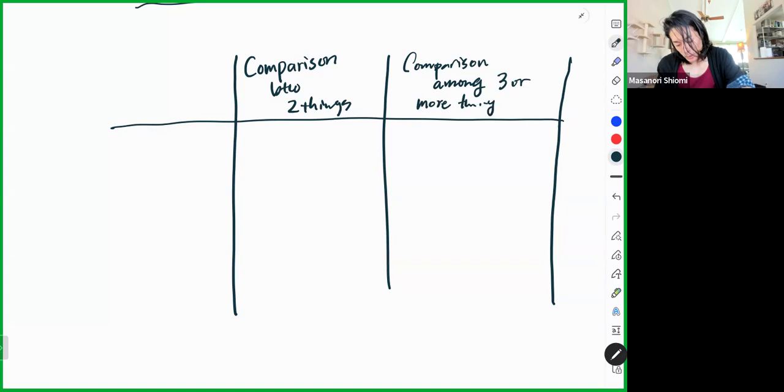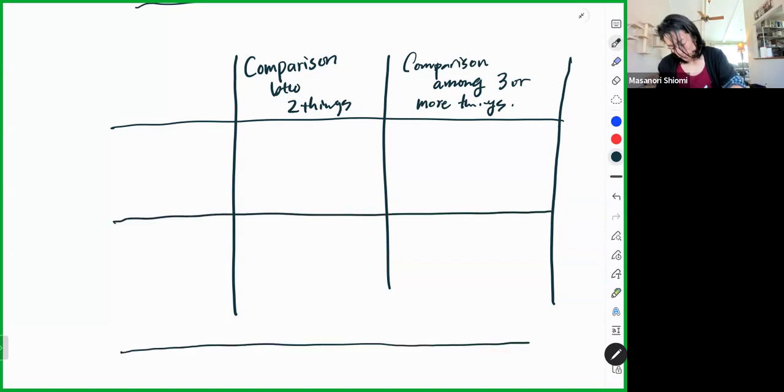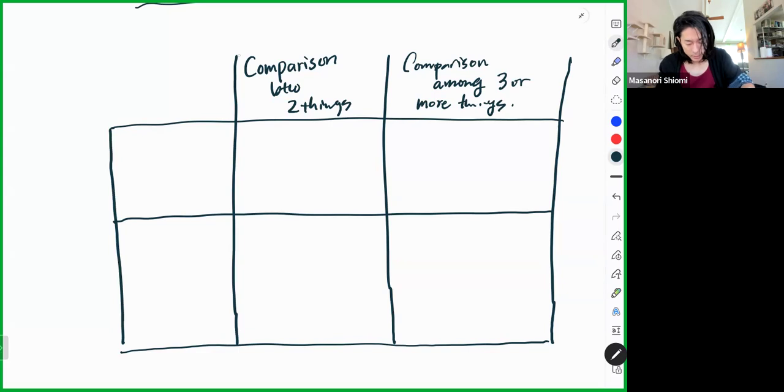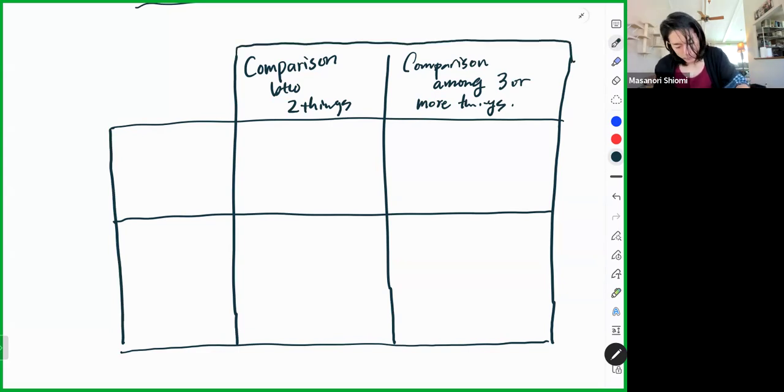I'm gonna cover all of these at once. I think that's better. And I'm gonna, as usual, compare with English so that, especially for English speakers, you get to understand better, I think, when you compare with your own language.